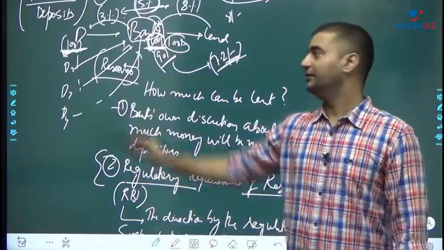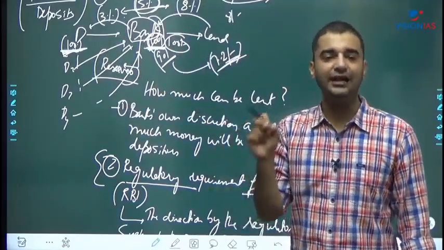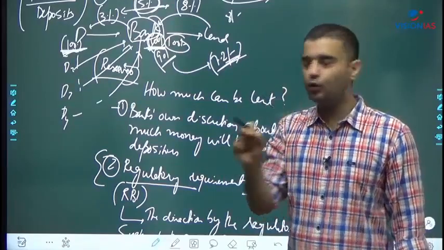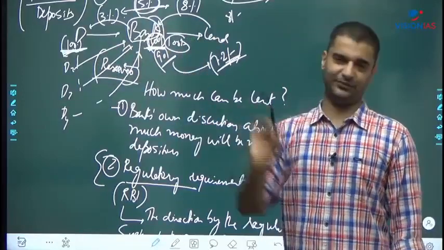I'll repeat, the regulator of the banking system, that is RBI, gives direction to the banks that they have to maintain some proportion of their deposits as reserves at all times.